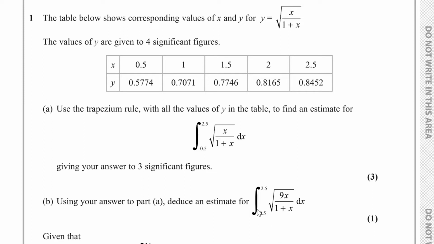Question number 1. The table below shows corresponding values of x and y for y equals the square root of x over 1 plus x. The values of y are given to 4 significant figures.